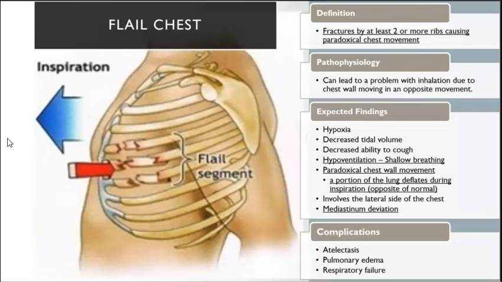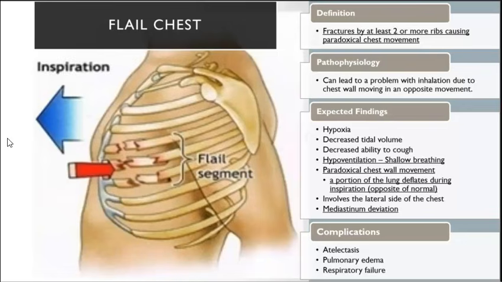The patho behind it can lead to a problem with inhalation due to chest wall moving in the opposite movements. The findings that you're going to see: decreased tidal volume or air going in, decreased ability to cough, hypoventilation, shallow breathing. Not only is it because there's penetration there, but it's also because it hurts to breathe.